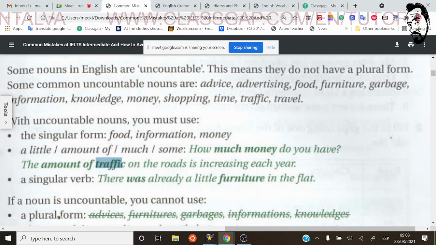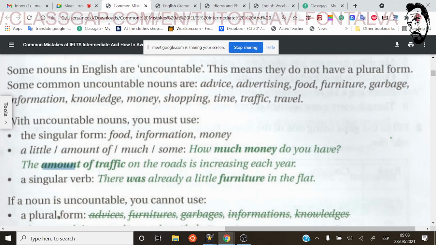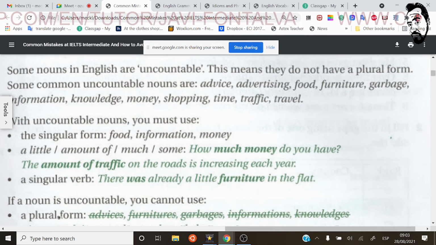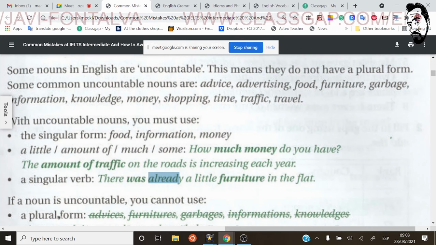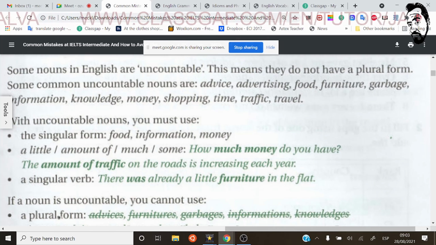Or for example, the amount of traffic on the roads. Amount was? Cantidad. Yeah. The amount of traffic on the roads is increasing each year. And also when you use the verb, you're always gonna use the singular. You cannot use the plural. So there was already a little furniture in the flat.